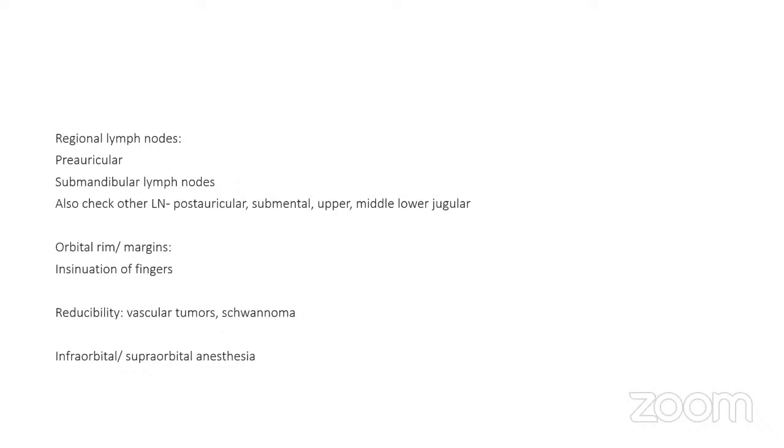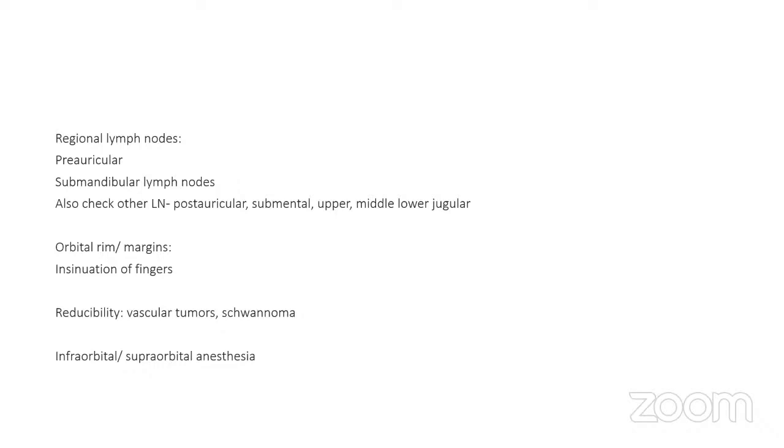We can also check for other lymph nodes like the postauricular, submental, upper, middle, and lower jugular lymph nodes. Then the orbital rim or the margins have to be checked. Insinuation of fingers is done to check for any fullness of the orbital rim or presence of any irregularities or any tenderness which can be seen.